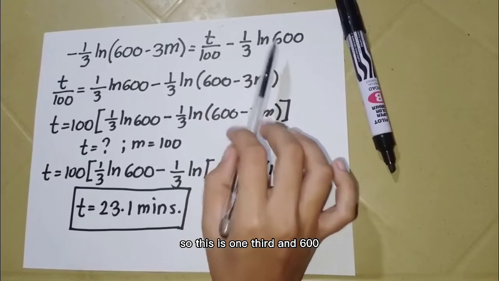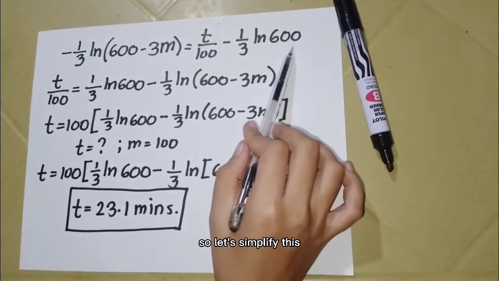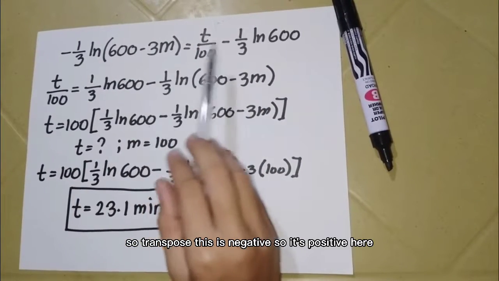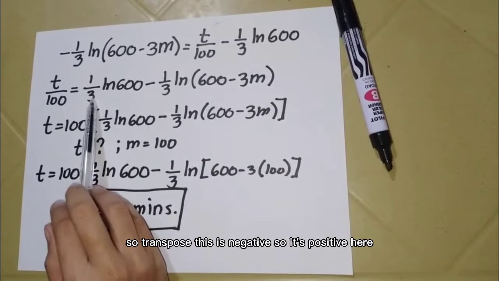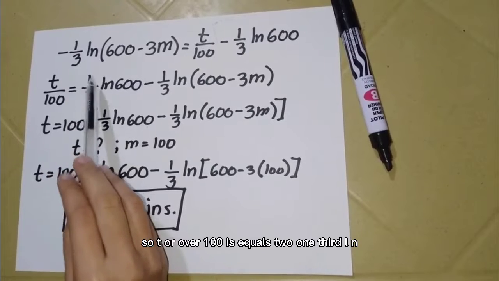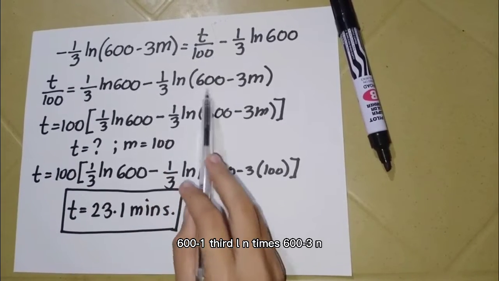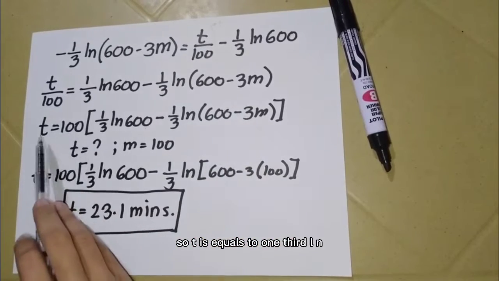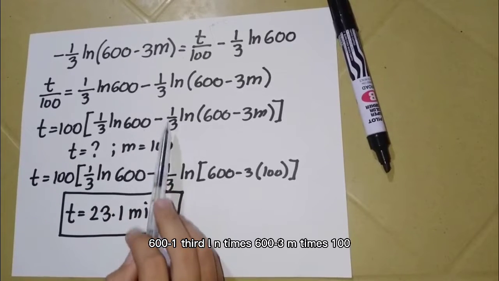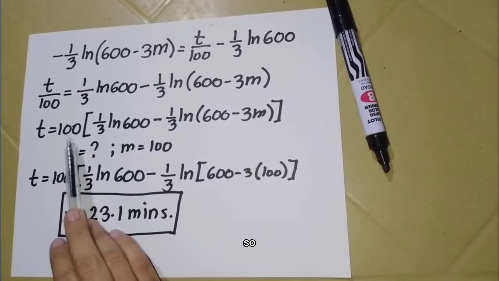So let's simplify this. Transposing, this negative becomes positive here. So t over 100 equals 1/3 ln 600 minus 1/3 ln of 600 minus 3m. So t equals 100 times the quantity 1/3 ln 600 minus 1/3 ln of 600 minus 3m.